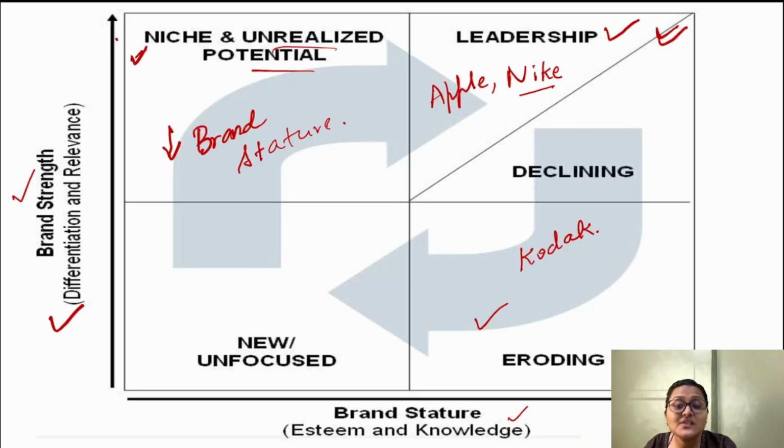So there is low brand strength and even lower brand stature. These brands are weak in terms of both future potential and current market status. They lack differentiation in the market space and they are not highly respected or highly known.